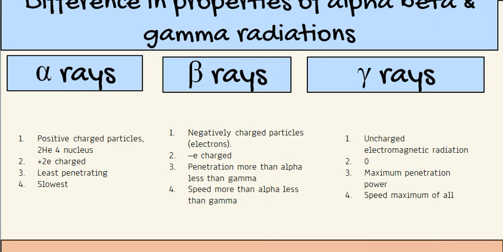The rest mass of a gamma ray photon is also zero. Since alpha and beta rays are charged, only they can show deviation under electric and magnetic fields, whereas gamma rays, having no charge and mass, remain undeflected under any kind of electric and magnetic field.